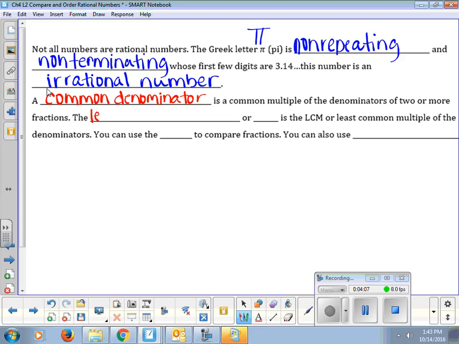The least common denominator, which is abbreviated as LCD, is the least common multiple, LCM, of the denominators. You can use the least common denominator to compare fractions. You could also use a number line.